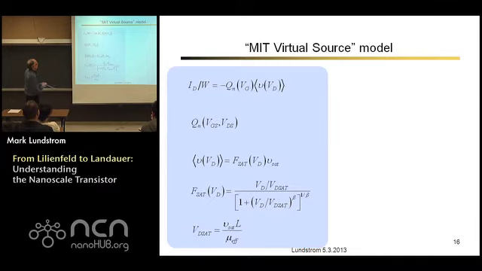Okay, so here's a model. And this is now a model that has been developed recently by some of my colleagues at MIT. They call it the virtual source model. I'll explain why it's called virtual source later. But we just write the current as charge times velocity. The charge we can get from Cox, Vg minus Vt, or we could be more careful. We know below threshold there's a little bit of charge.